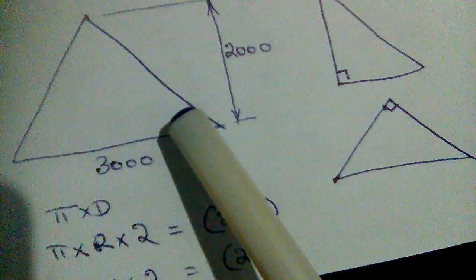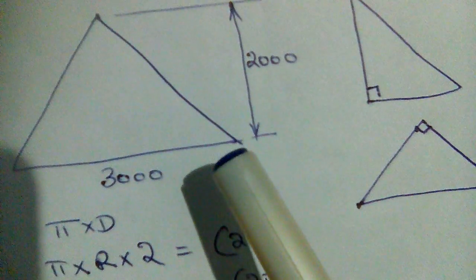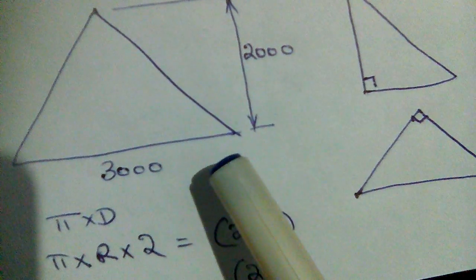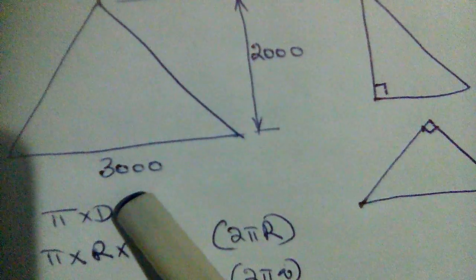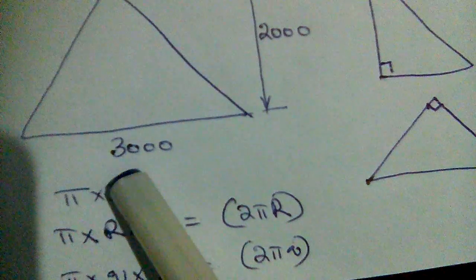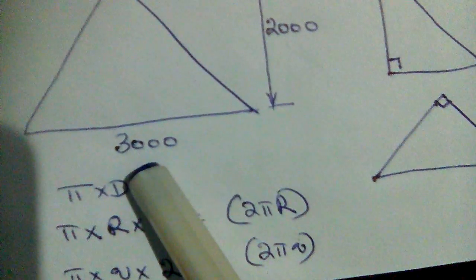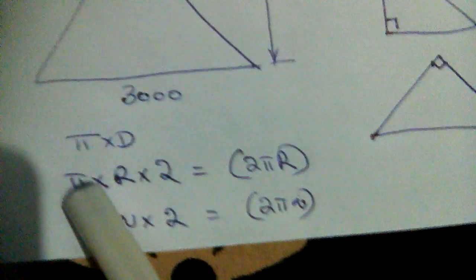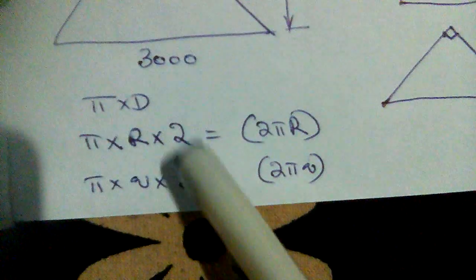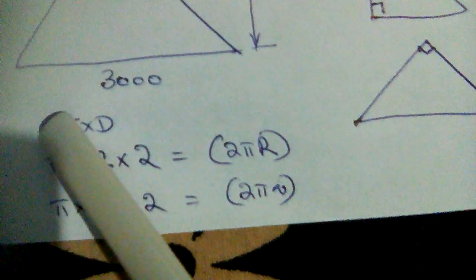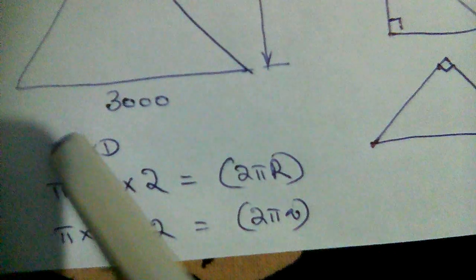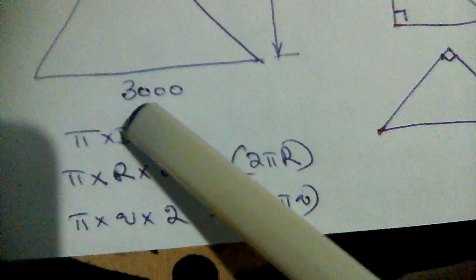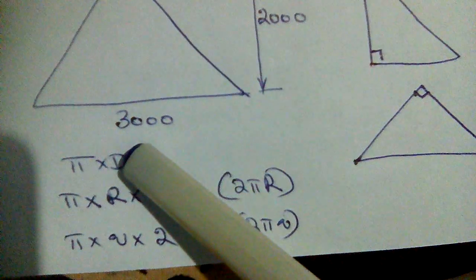For finding out, we will use major perimeter divided by minor perimeter and major degree divided by minor degree. There we have to use the formula pi d. Instead of pi d, we can use pi into r into 2. Both are same. Pi is 3.14. D means diameter.